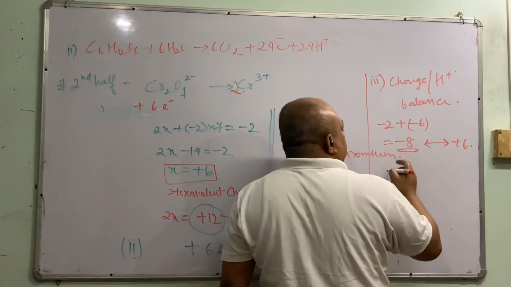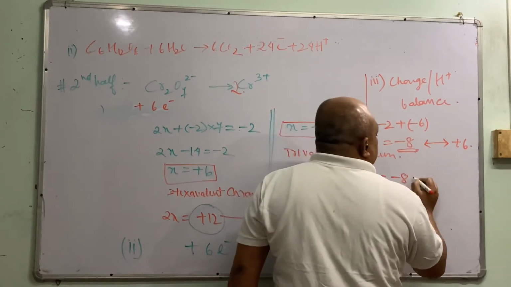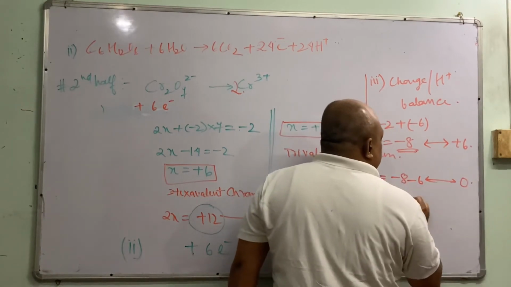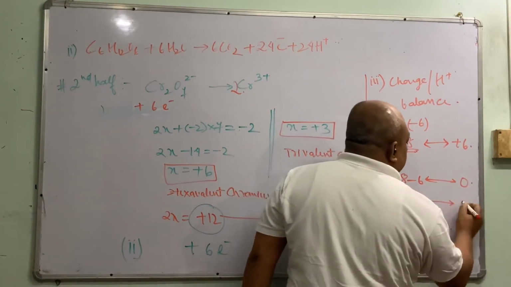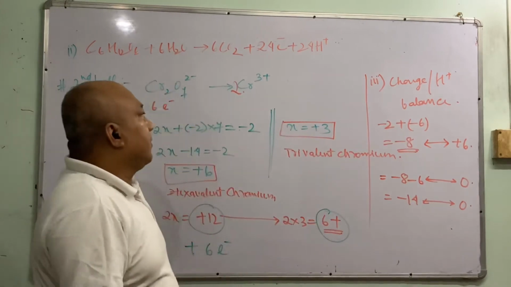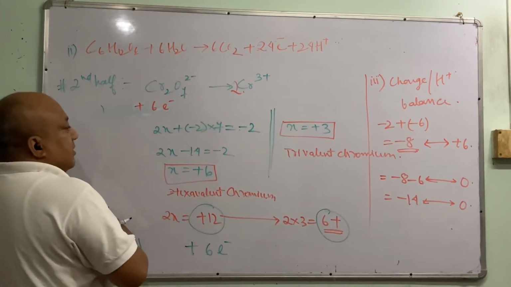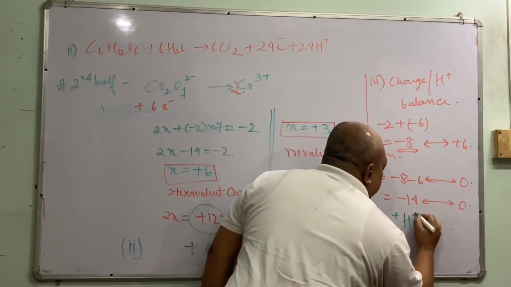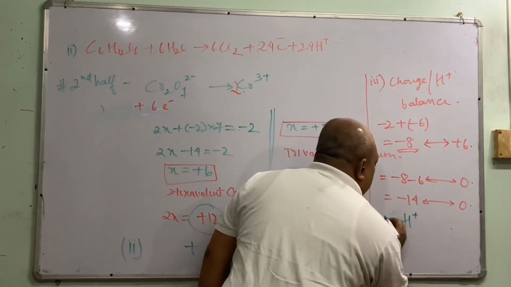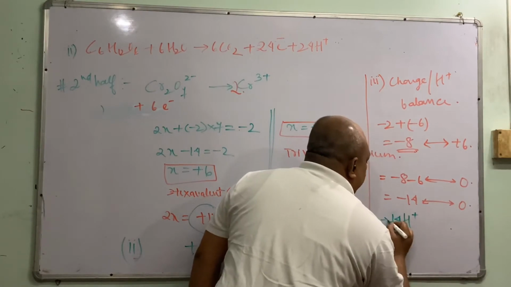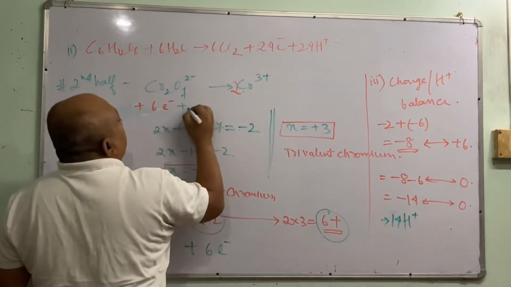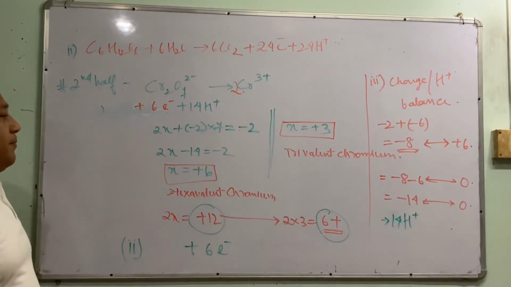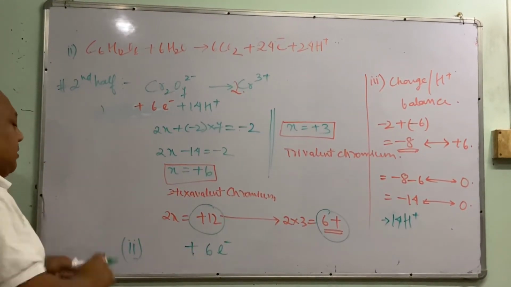If plus 6 is over here, it is just like -8 minus 6 is gone to 0. So this is -14 is 0. So the next step, if -14 is there, you have to add plus 14 proton. So I'm adding here 14H plus. Is that okay?